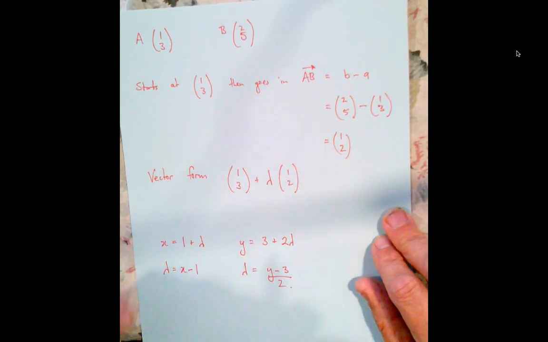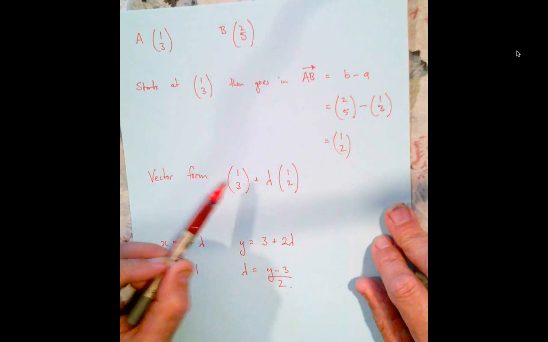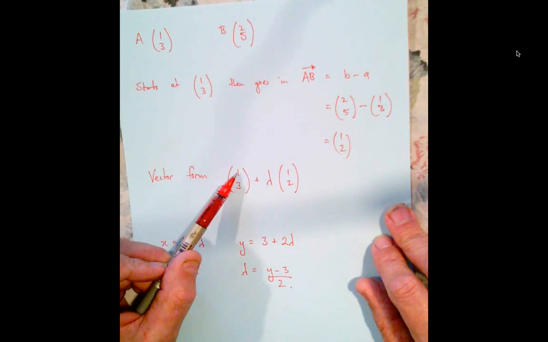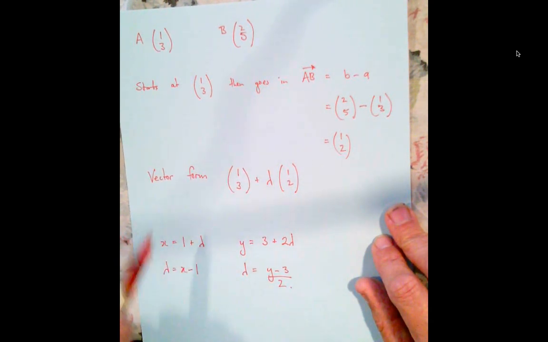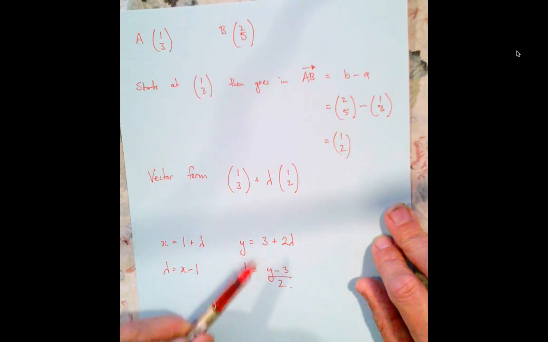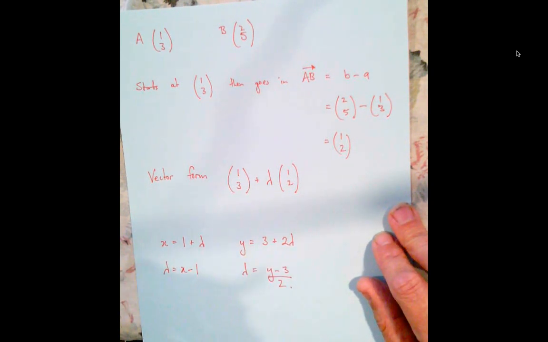Now, I'm not sure if I'm saying that right, but that's the way I look at it. So if we want the x part of it, the top part is 1 plus lambda. The y is 3 plus 2 lambda. And we can make lambda the subject here. Taking the plus 1 over, we get lambda equals x minus 1.